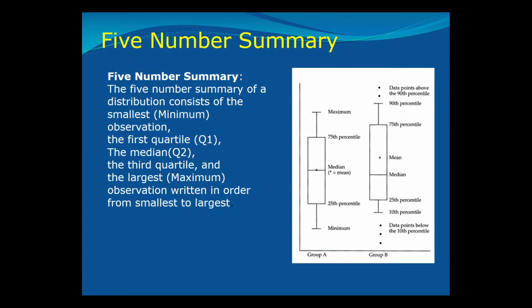On this slide, you see the same box and whiskers plot, which gives us the 5-number summary. The 5-number summary of a distribution consists of the smallest observation, the minimum, the first quartile, the median, the third quartile, and the largest observation, the maximum, written in order from smallest to largest.